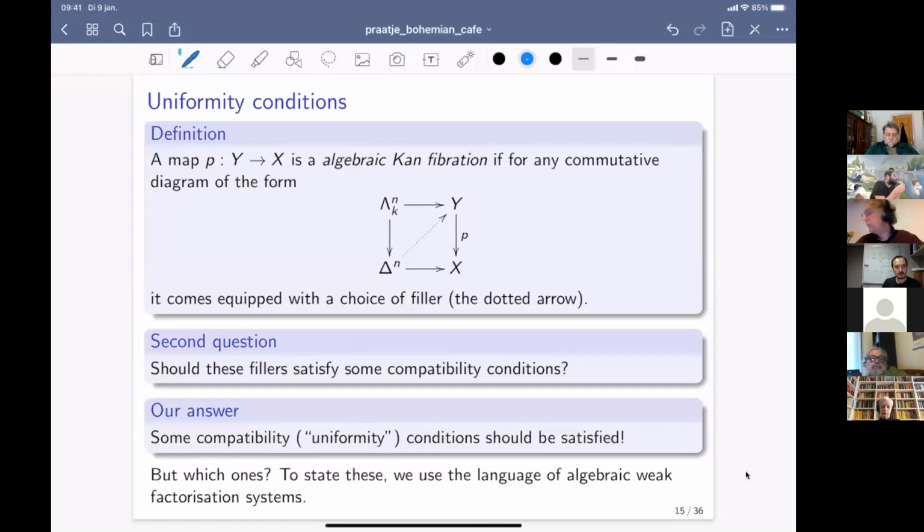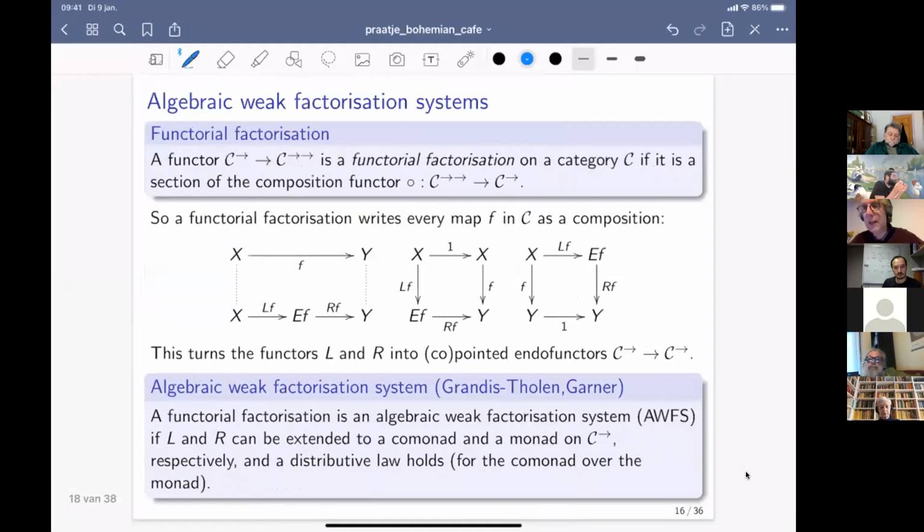Refactorization systems are well known in homotopy theory, but there is an explicit variant of them, called algebraic refactorization systems, and we use that setup quite extensively in our paper.